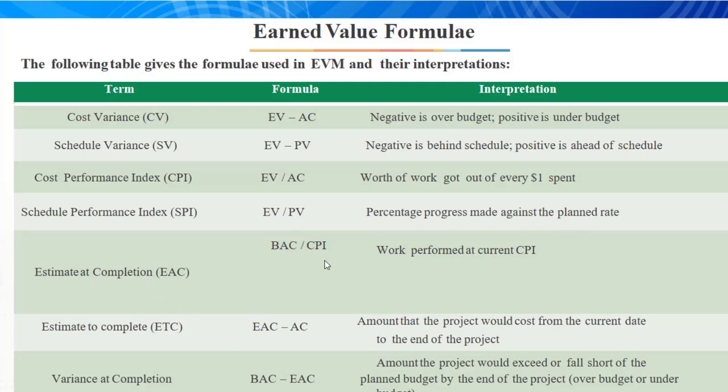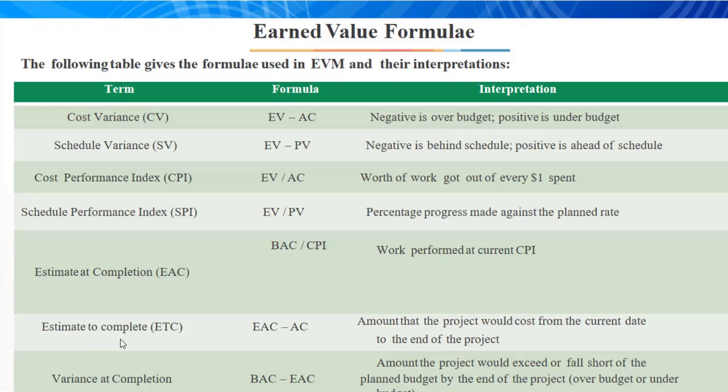While the estimate at completion is your budget at completion divided by your cost performance index. And then your estimate to complete is your estimate at completion minus your actual cost. So this is the amount that the project would cost from the current date to the end of the project.